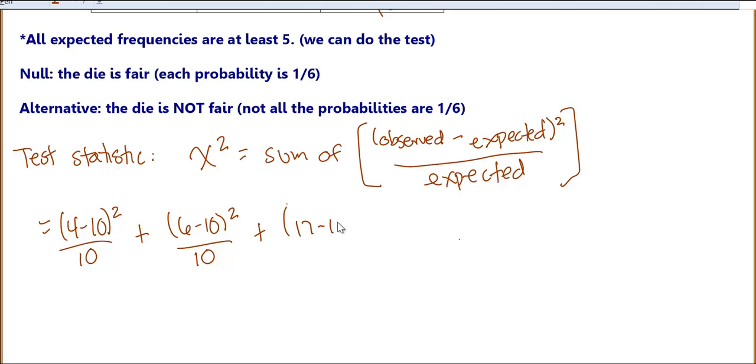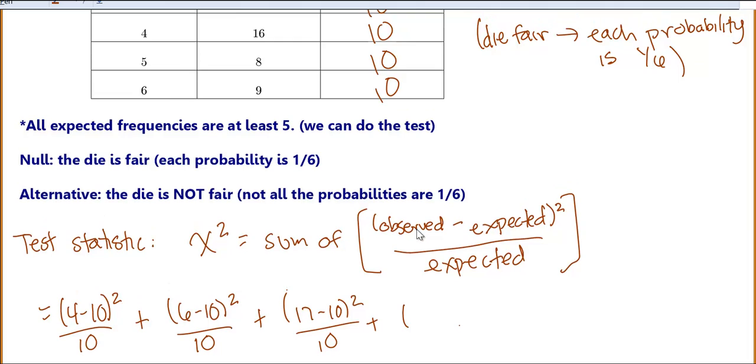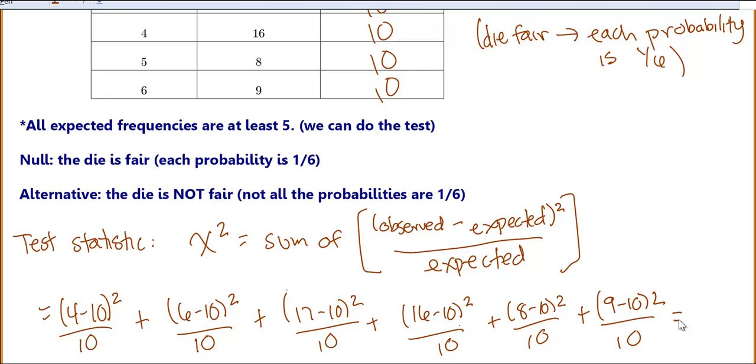So 17 minus 10 squared over 10, plus my next one is 16 minus 10 squared over 10, plus the next one is 8 minus 10 squared over 10, plus 9 minus 10 squared over 10. This does take a long time to put in your calculator. You'll probably want to double check it each time because it is very easy to mess up. So I get 14.2.